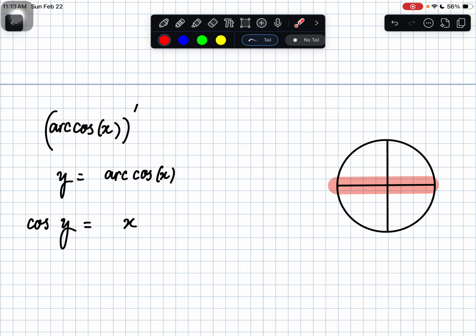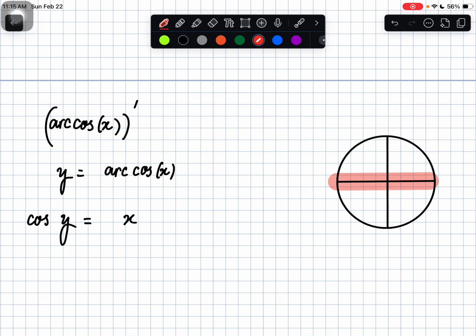So for that angle, by convention we will use the angle between 0 and pi, which covers the cosine axis here. So y, arc cosine of x, will be an angle between 0 and pi by convention, and cosine of y is between -1 and 1.